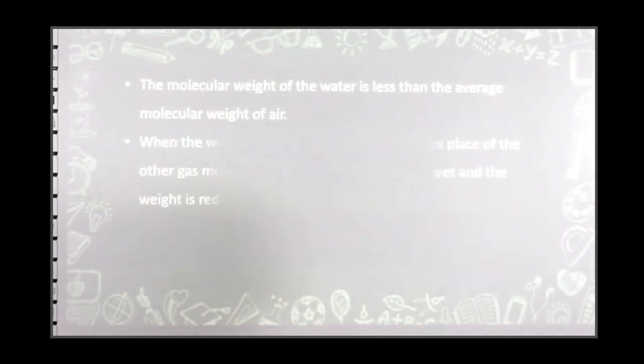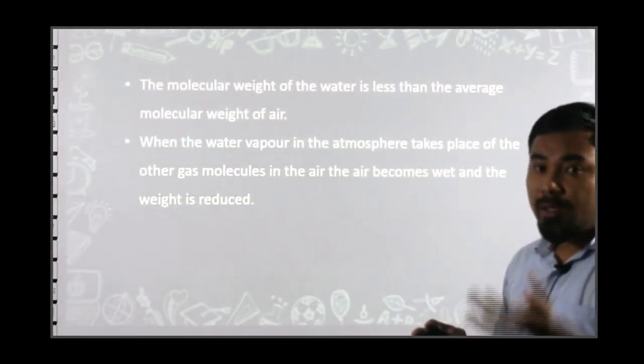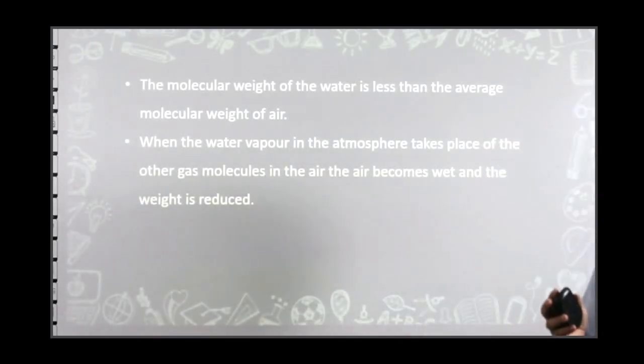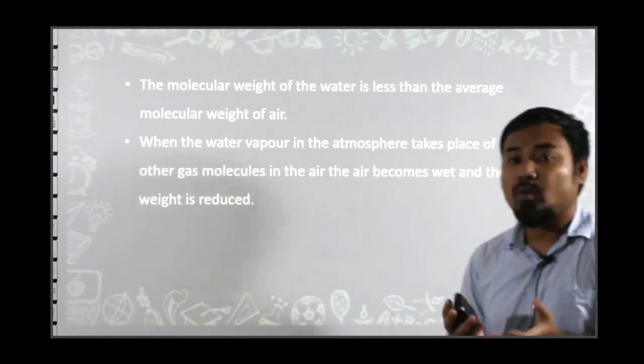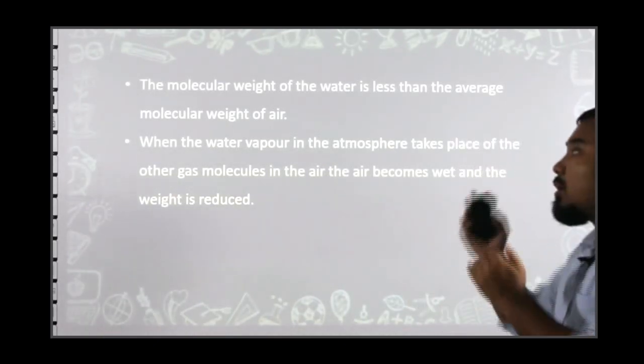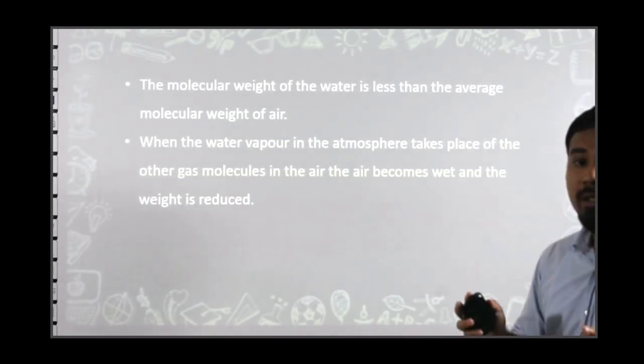Now, because of these differences, when the water vapor goes into the atmosphere and mixes with other gases, the air becomes wet, right? And then what happens to the wet air? The weight of it is reduced.